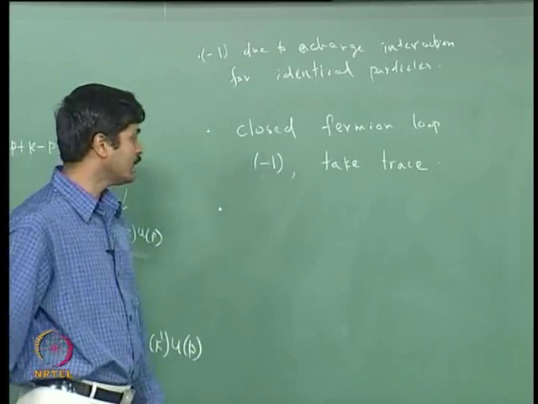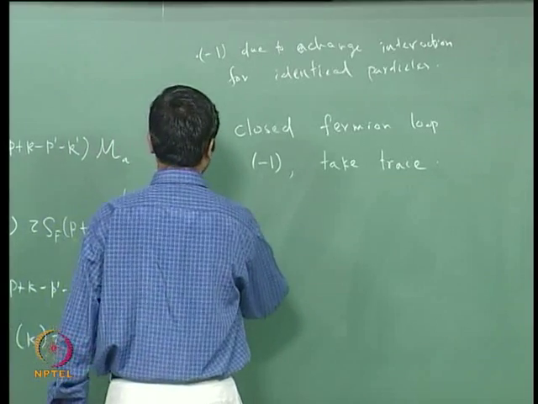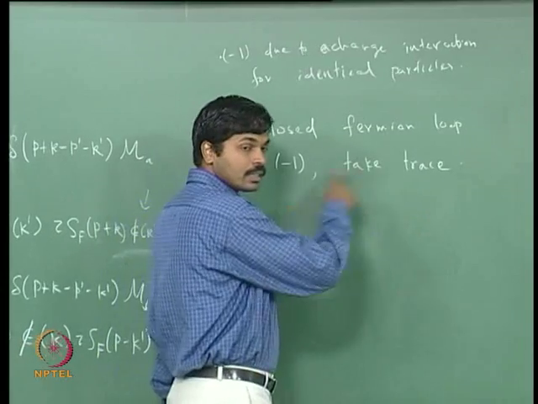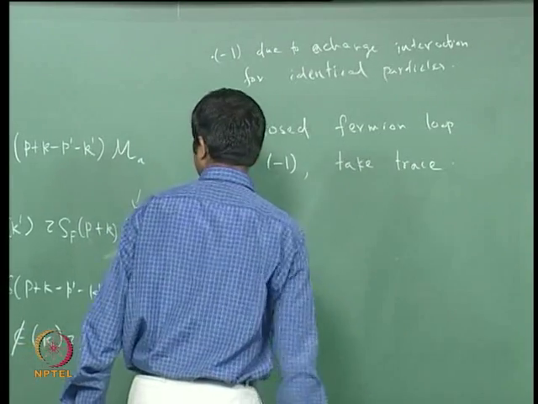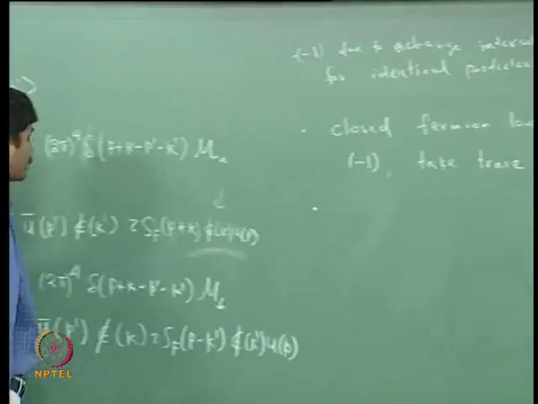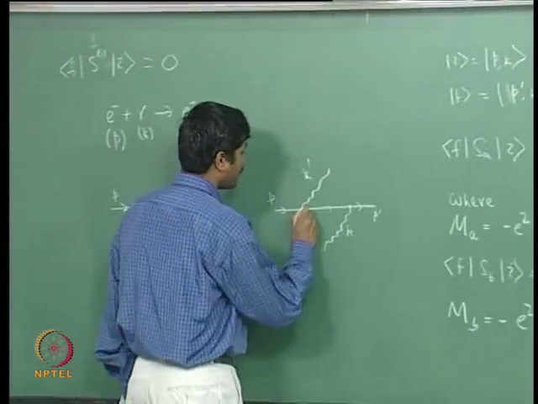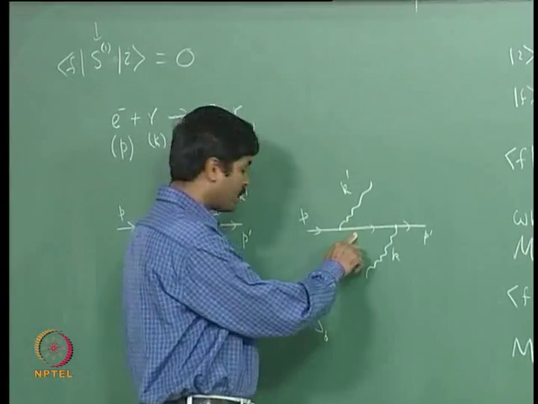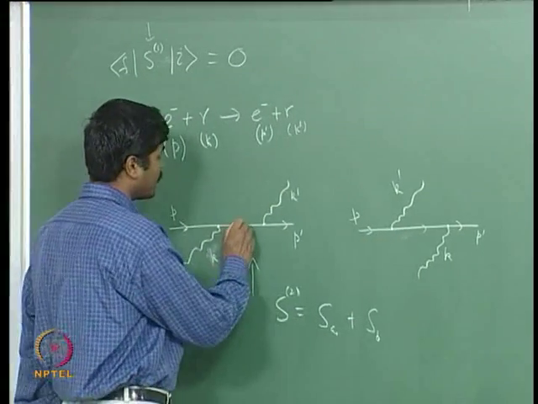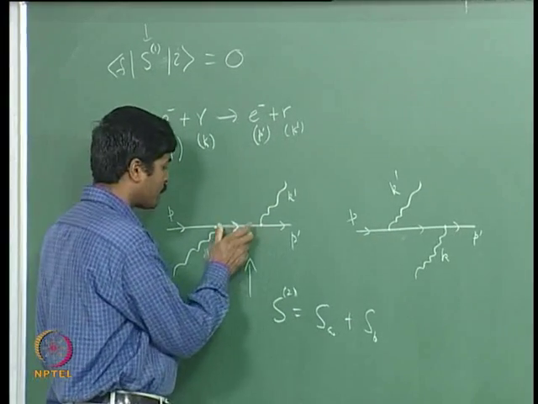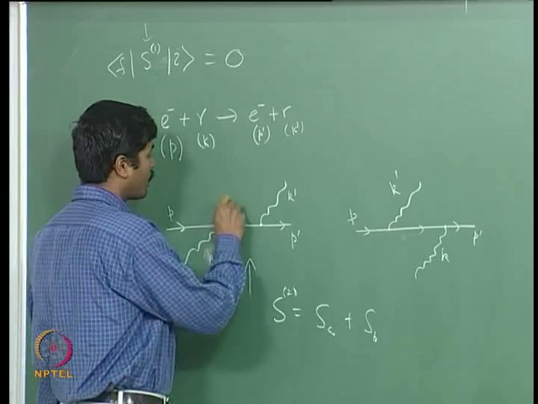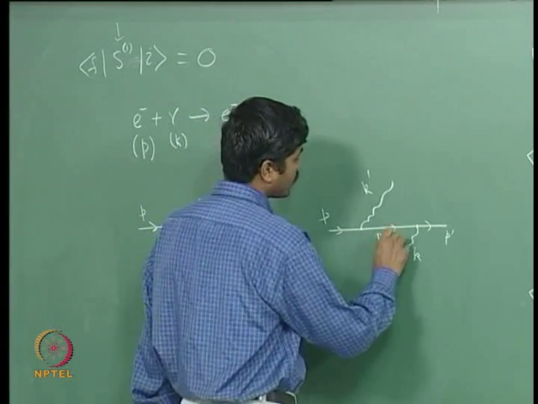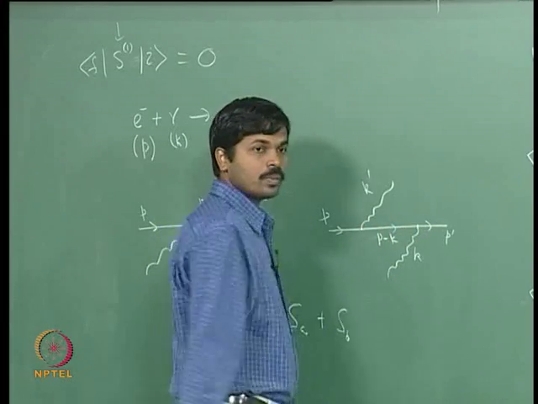And finally, suppose the momentum of an internal line is not fixed by any of these. The point is that at every vertex the energy and momentum has to be conserved. That is why I wrote here for the fermion propagator the momentum p plus k, and here I wrote p minus k for the fermion propagator.